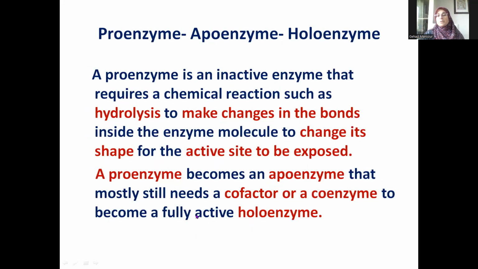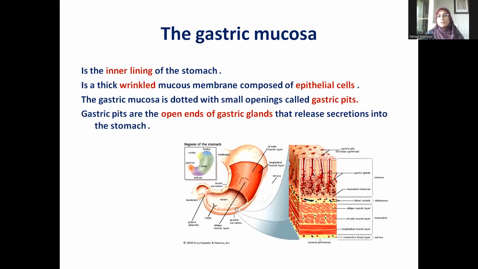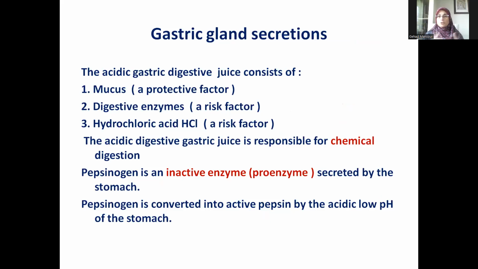Let's first see what the gastric juice consists of. The gastric juice, just like any digestive juice, consists of 90% water for hydrolysis, which is the breakdown of food molecules by the addition of water, and it contains hydrochloric acid. Hydrochloric acid is there, although it's a risk factor because it's acidic and can cause erosion of the gastric mucosa, yet it is important because it kills the germs in food.